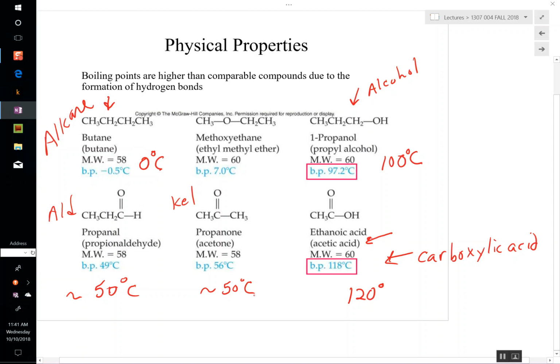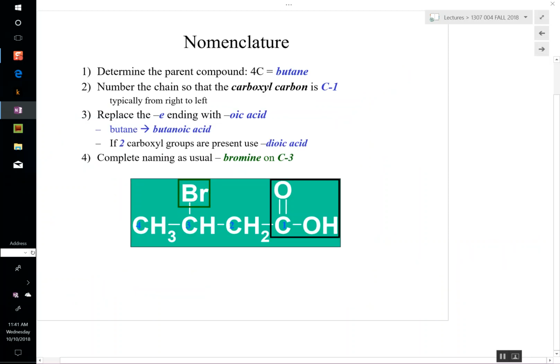Alcohols are polar and carboxylic acids are very polar. So these have water solubility. These are soluble in water because of that polarity. So it affects solubility, it affects boiling points. These are the two physical properties that are affected.